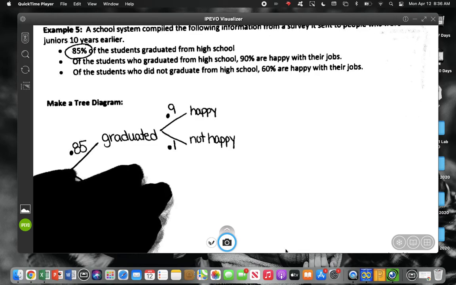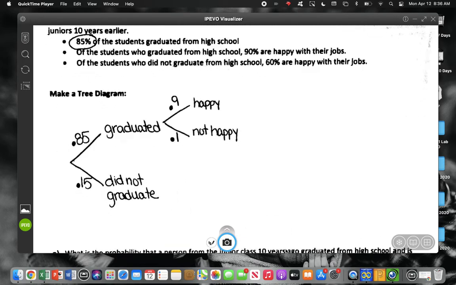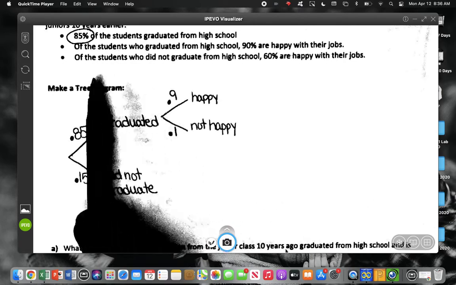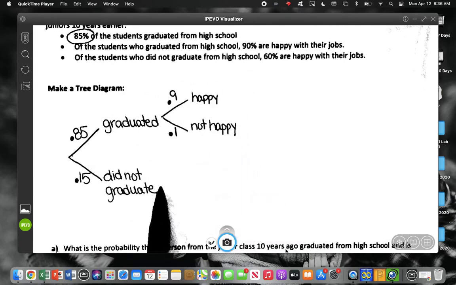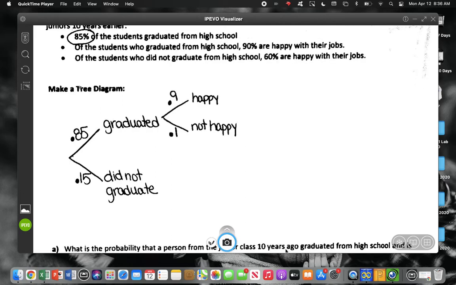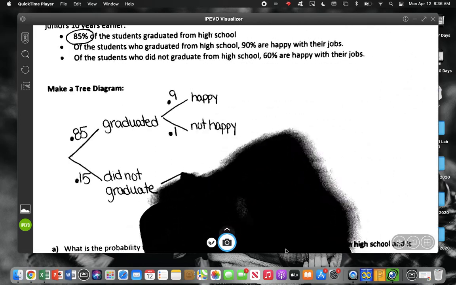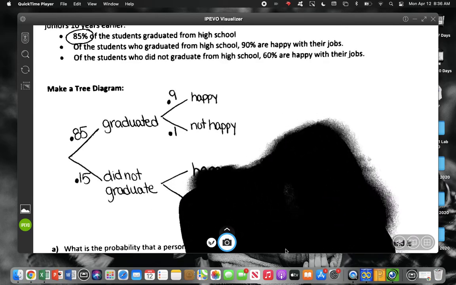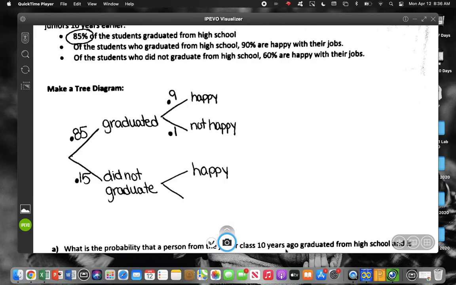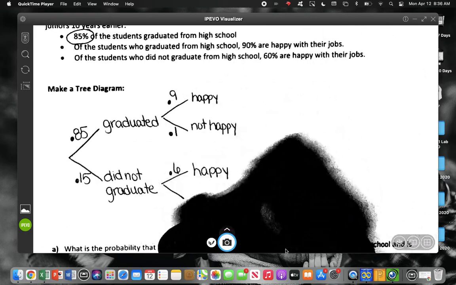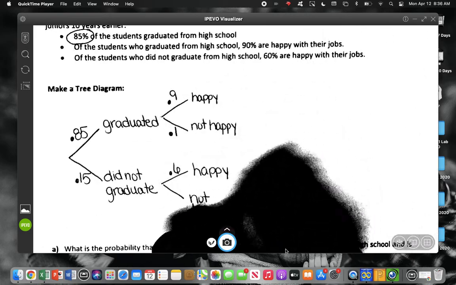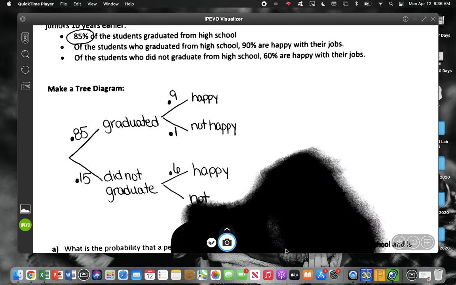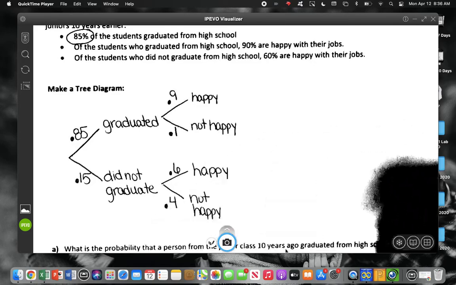All right, so now the third bullet point says of the students who did not graduate. So now we're ready to break down the second branch. We have people again that are happy, and what's the percentage of people that are happy in this next one? 0.6. So then what percentage is not happy? 0.4.